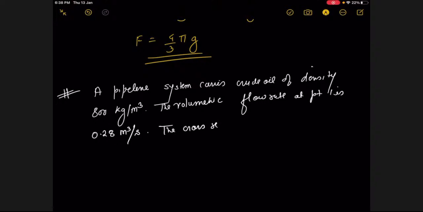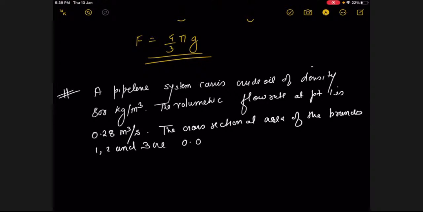The cross-sectional areas of the branches 1, 2, and 3 are 0.012, 0.008, and 0.004 meters square.